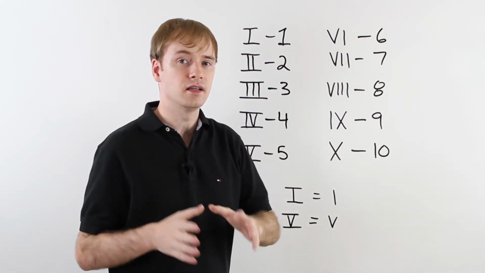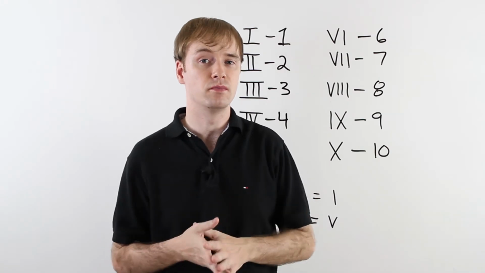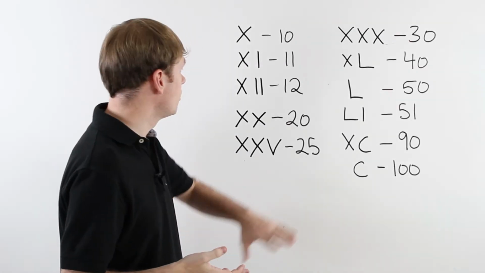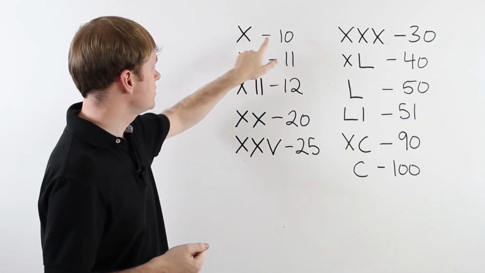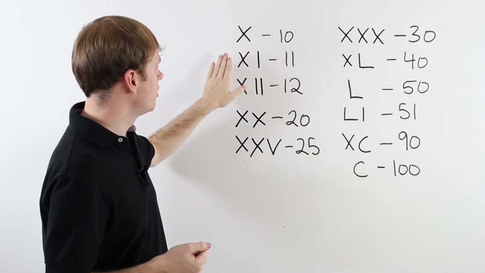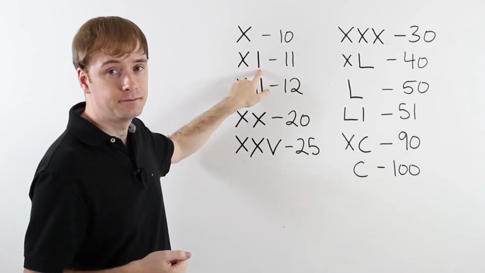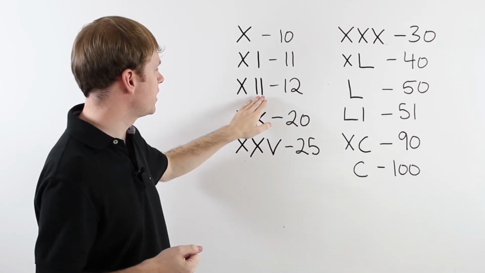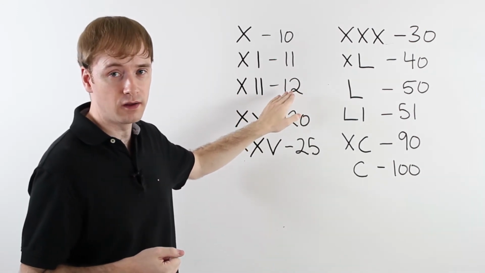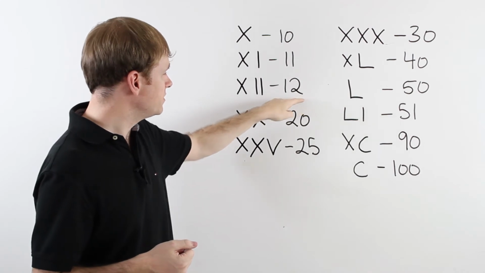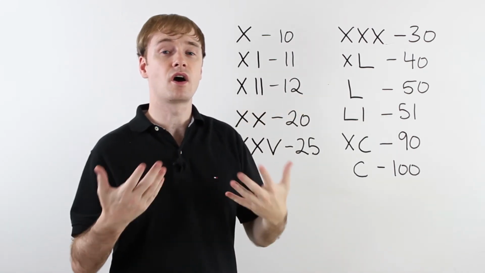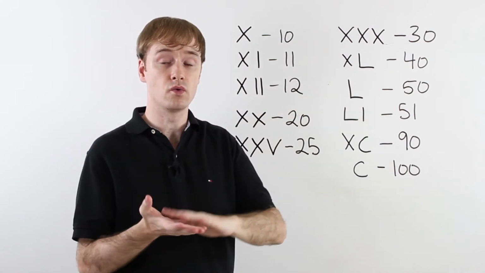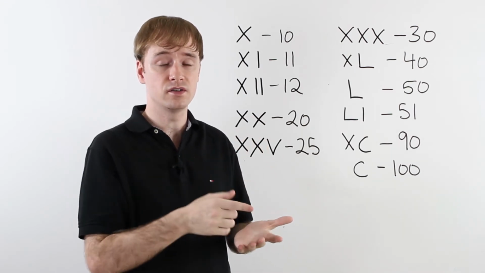All right, let's move on to some bigger Roman numerals. Now, I told you X is 10. Now, X and I, so 10 and 1, that's 11. XII, that's 12, all right? So up until 12 are the most common Roman numerals because those are the ones on the clock, 1 to 12.